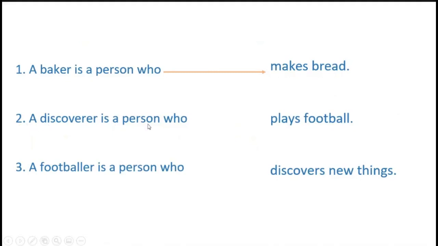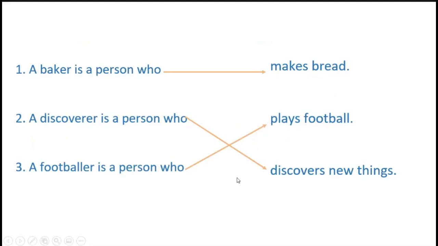A discoverer is a person who plays football or discovers new things. Yes, that is the right answer. A discoverer is a person who discovers new things. Let's look at the last sentence. A footballer is a person who plays football.